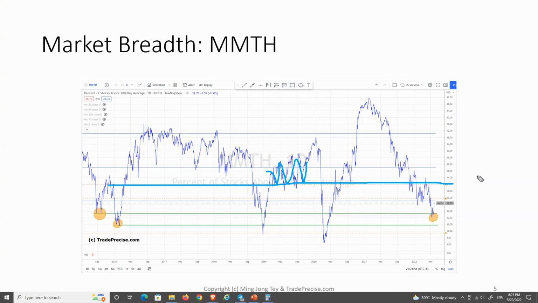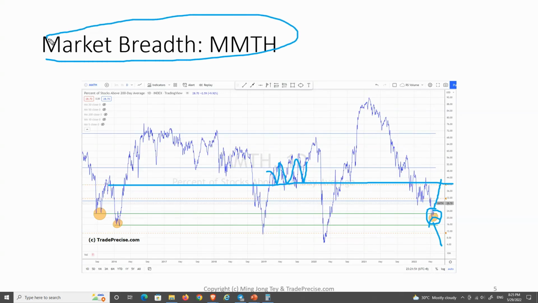So that is the second criteria based on the market breadth. If we really get a market bottom here, meaning the low in May is actually the market bottom, then it really needs to come in above 40%. So that's from the market breadth perspective.